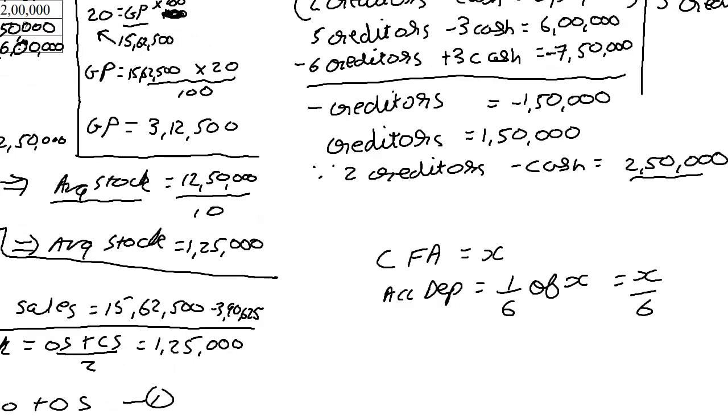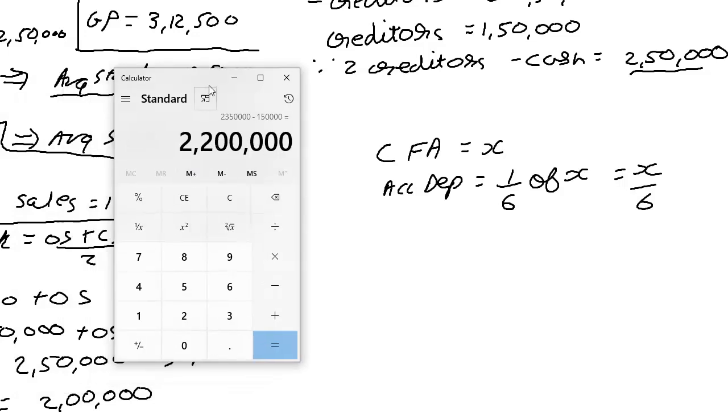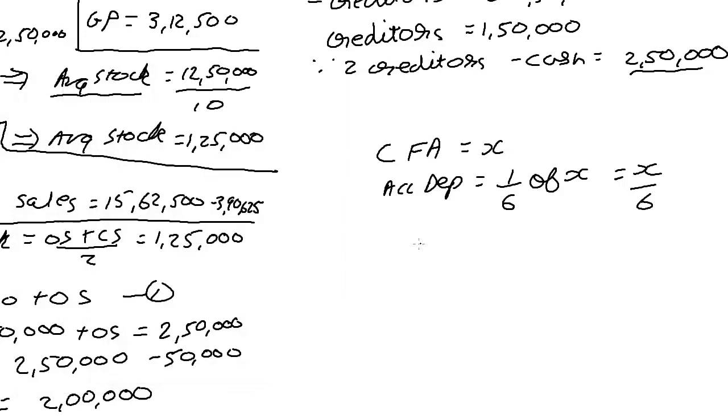And then we know that the net value of fixed assets is 22 lakhs. So I can say that X minus X by 6 is equal to 22 lakhs. Now, solving for this, for those of you who are weak in maths, just remember, I want 6 in the denominator. Right now it's X by 1. So I'll multiply both the numerator and denominator by 6.